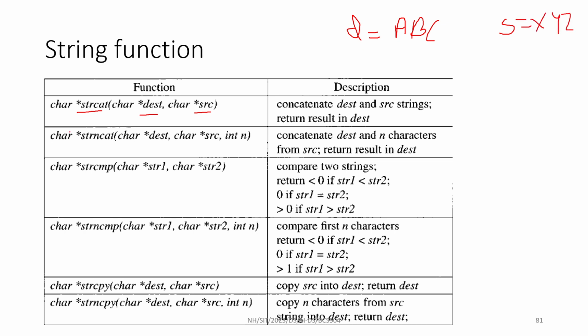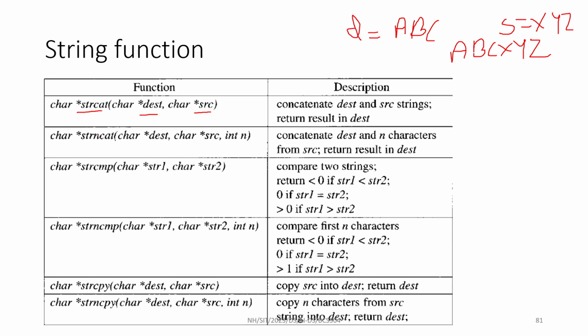The answer will be the destination, that is, XYZ is joined after ABC. The answer will be A, B, C, X, Y, Z. That is about concatenation. It is always pointing to the beginning of the string. The result will be in the destination.